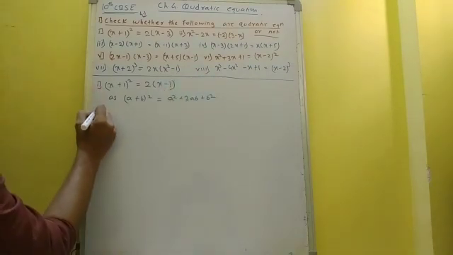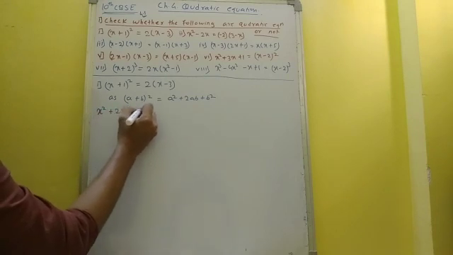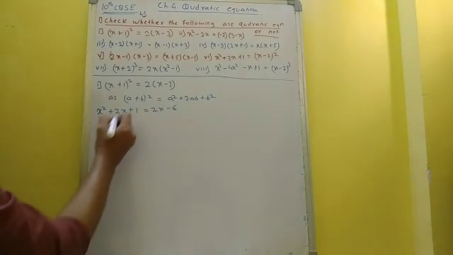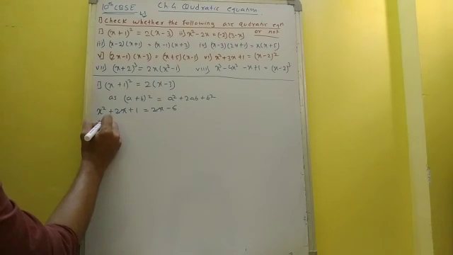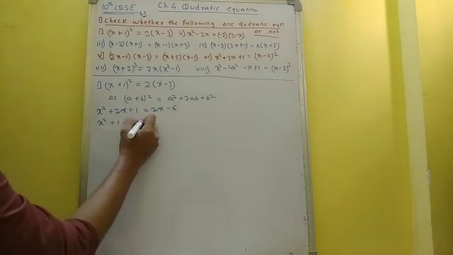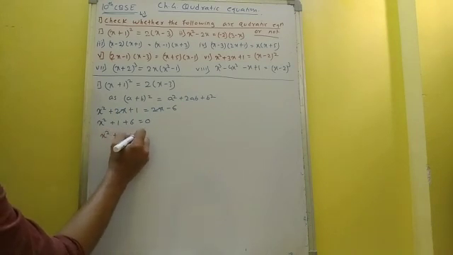Therefore this can be written as x square plus 2x plus 1 equals 2x minus 6. So 2x will get cancelled. We have x square plus 1, minus 6 will come here and become plus 6, is equal to 0. x square plus 7 is equal to 0.